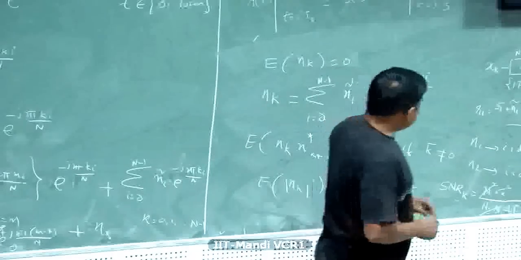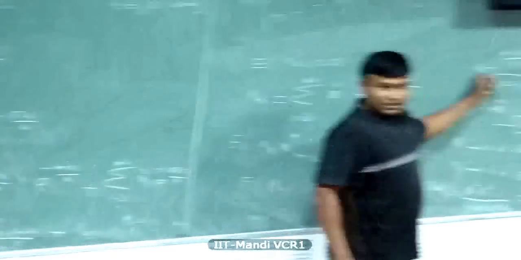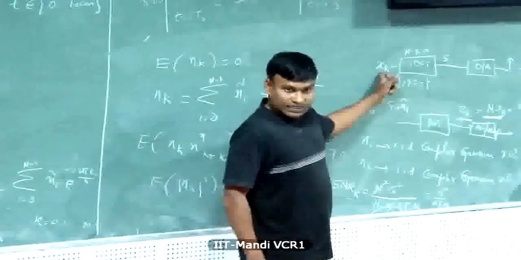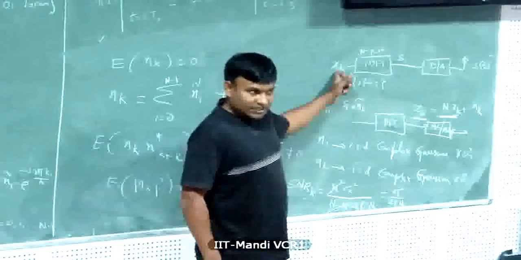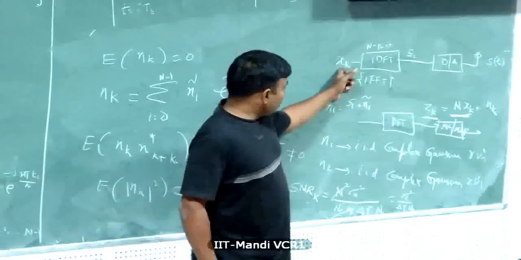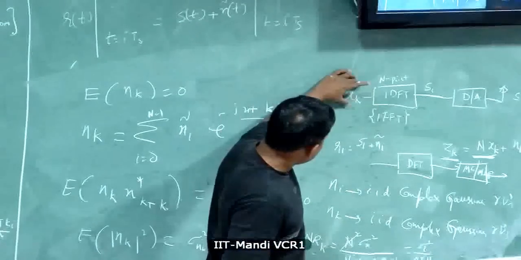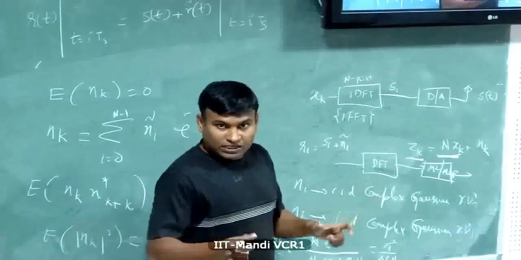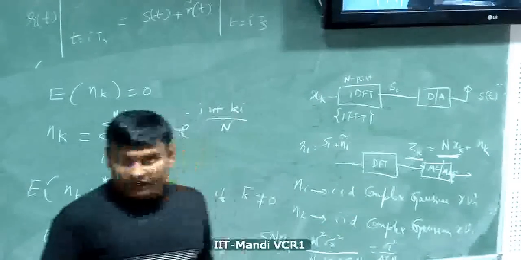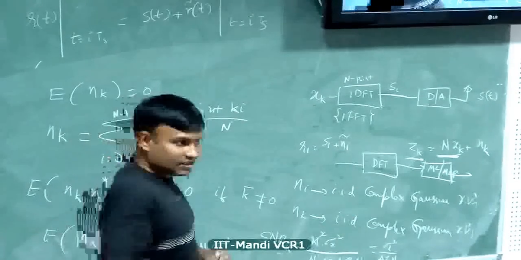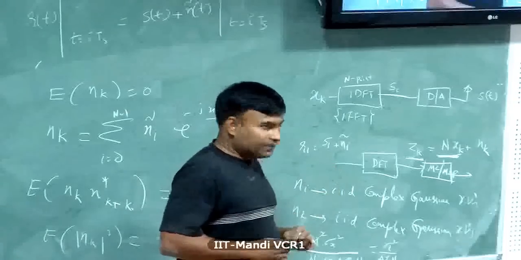The way to go about it is X of k is a sequence of BPSK symbols. You can make the variance unity if you wish, zero mean, unit variance. Take a block; you can choose n as any size, 512 or 1024. So you simulate one OFDM symbol first.